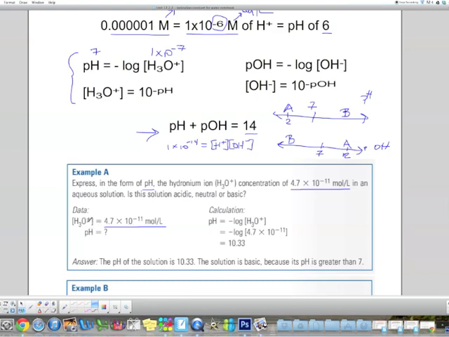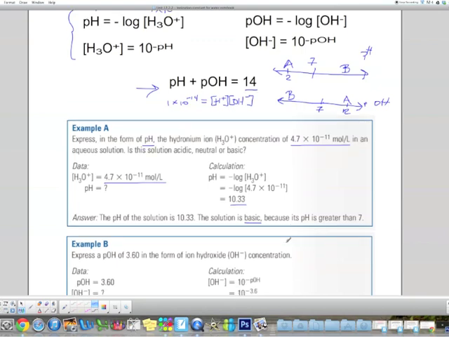If I have the concentration of H3O plus or H plus, same difference, how do I find the pH? I'm going to do minus log of the concentration, and I'll get the pH, which is what they did over here. It gives you a pH of 10.33, which is higher than 7, making it a basic solution.